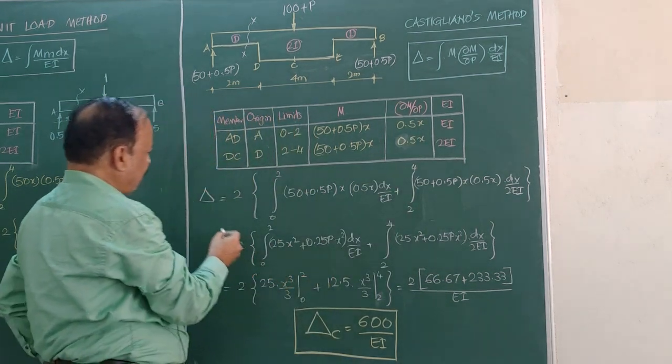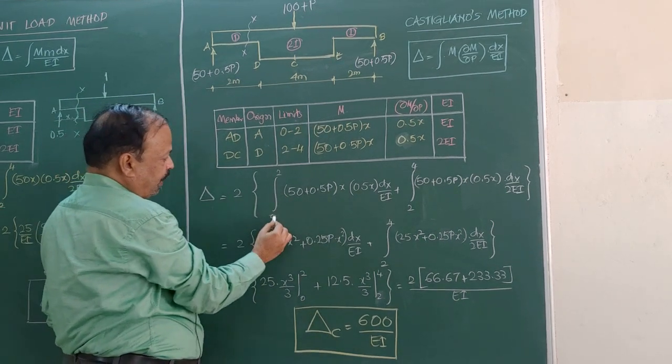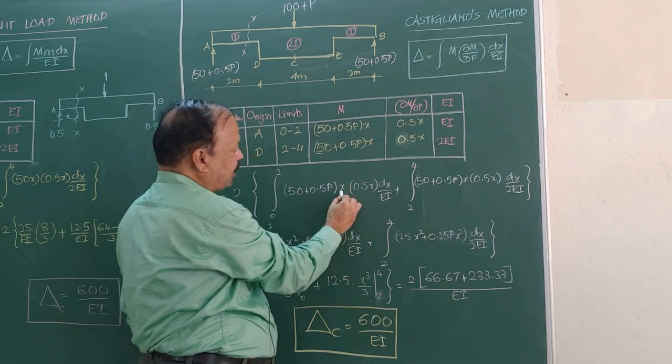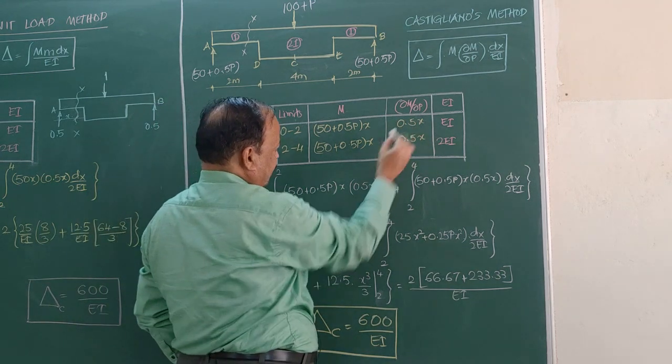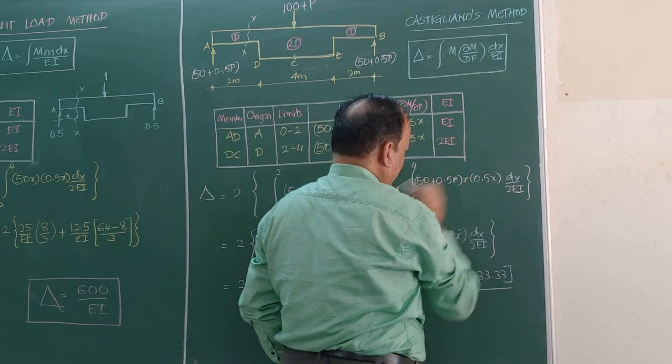Again I will take up to half and multiply it by 2. So integration 0 to 2 of (50 plus 0.5 P) into x into 0.5x dx by EI, and again the same expression dx by 2 EI.